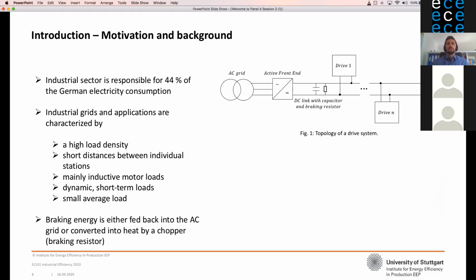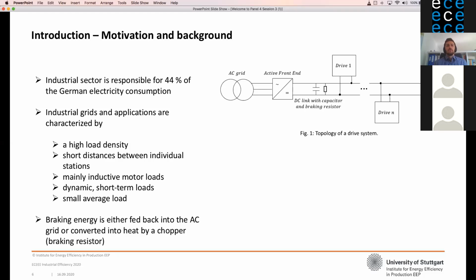The introduction is the following. The German industry is responsible for about 44% of the electricity consumption. Industrial grids, on the other side, have certain characteristics. For example, a high load density, short distances between individual stations, and mainly inductive motor loads.